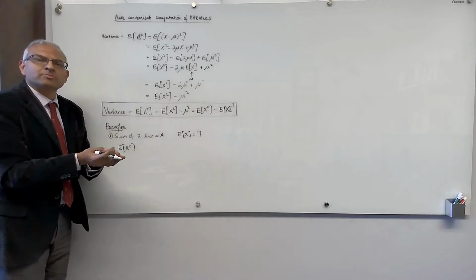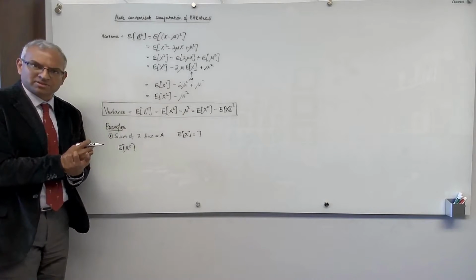You take the squares of the possible values, weight by the probability of that possible value, and add.